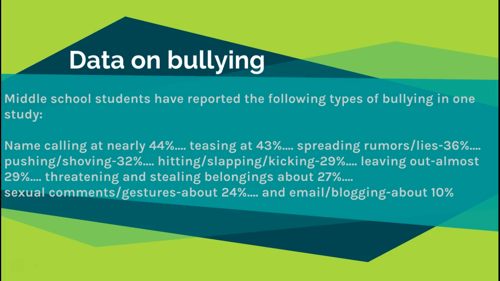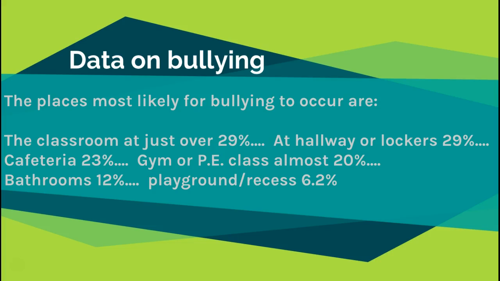Leaving out or threatening is 20% of what people have had done to them. And then email or blogging bullying is about 10%, and bullying by sexual comments and gestures is about 25% of the people that reported it.